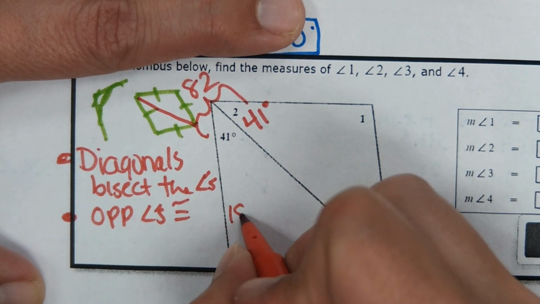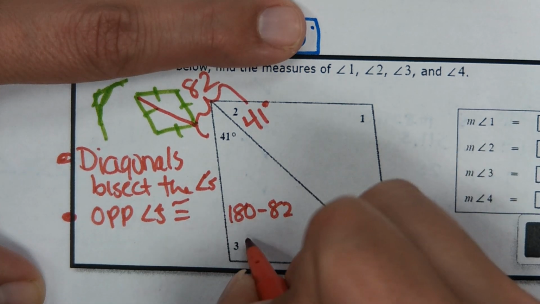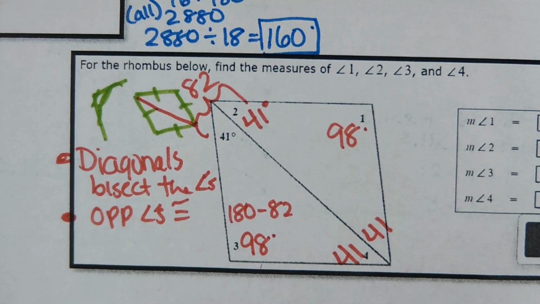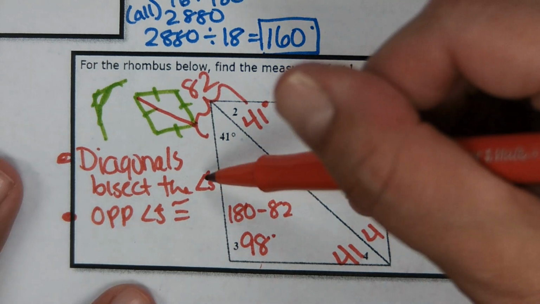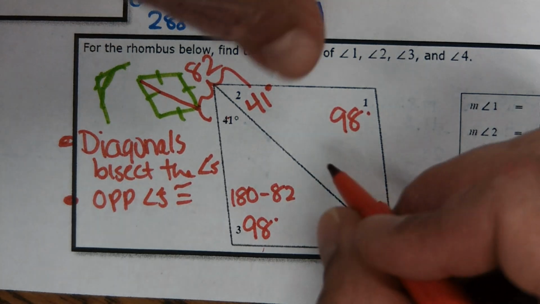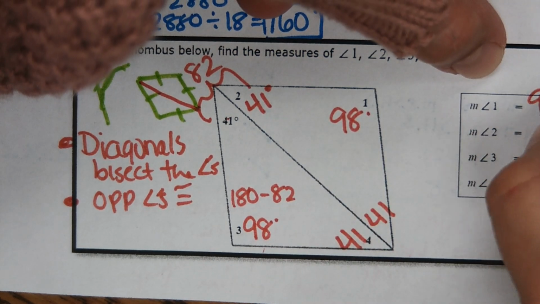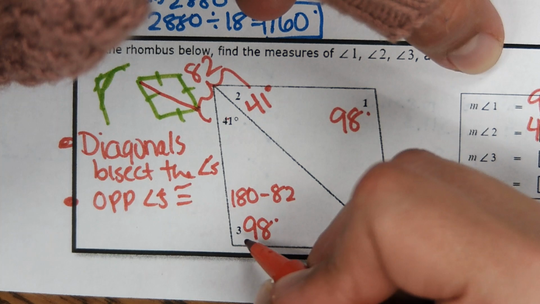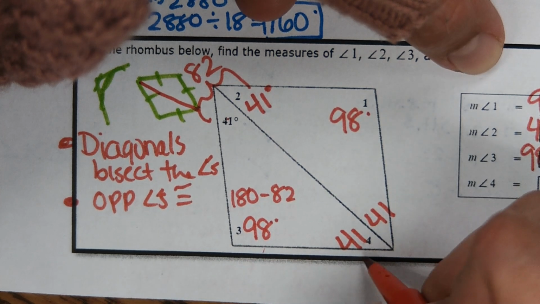Then I can do 180 minus 82 to get 98 degrees here, and this would be 98 degrees. The other way to look at it is you have a triangle; you could do 180 minus 41 to get that as well. Once you have everything labeled: angle 1, 98, angle 2, 41, angle 3, 98, and angle 4, 41.